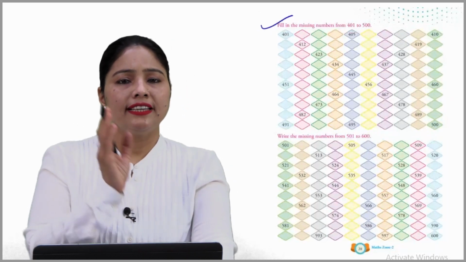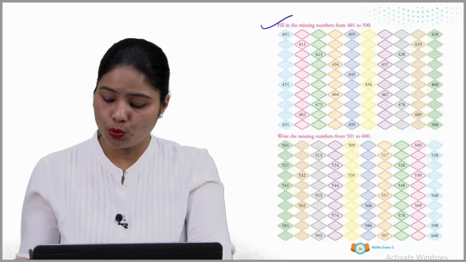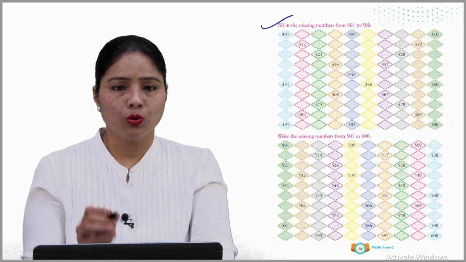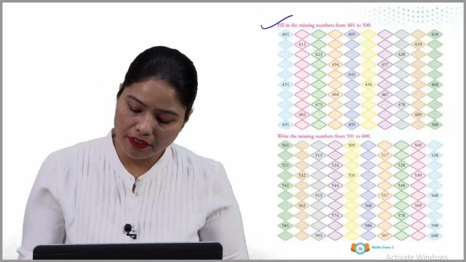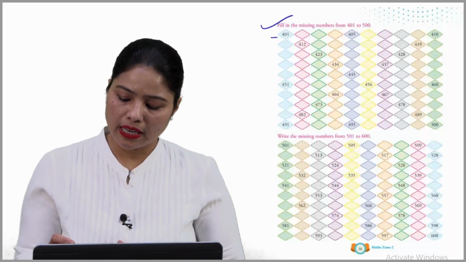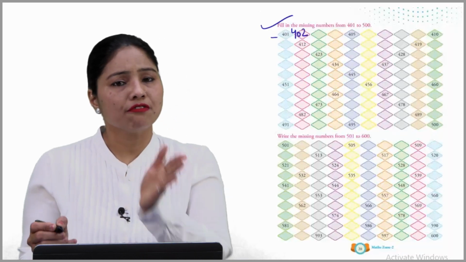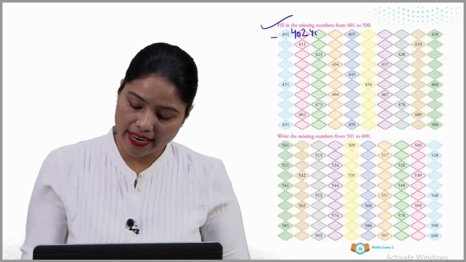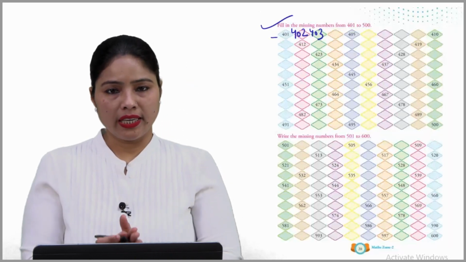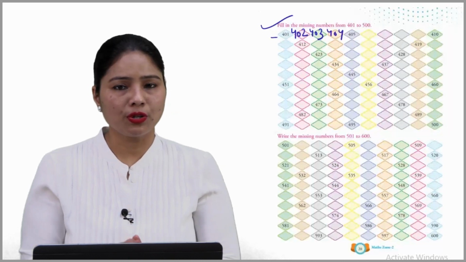So now filling the missing numbers from 401 to 500, okay? So start with 401. After 401, which number comes? Yes, it's 402, means 402 comes. After this, 403, okay? After this, 404 comes.